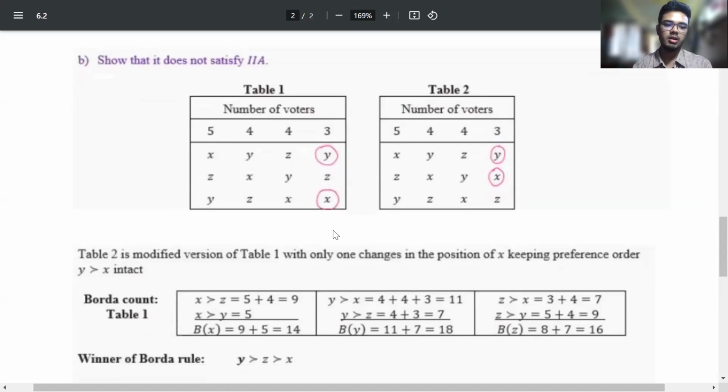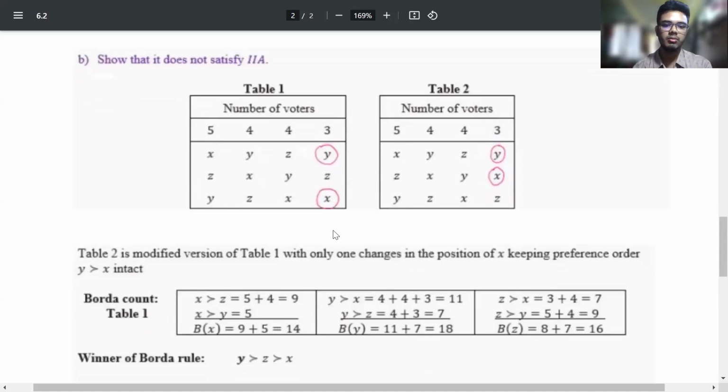So let's count the Borda count for table 1. If we count this, X is preferred to Z here, and here X is preferred to Z. The number of votes is 5. X is preferred to Z, here the number of voters is 4. We don't see any X preferred to Z here and here.